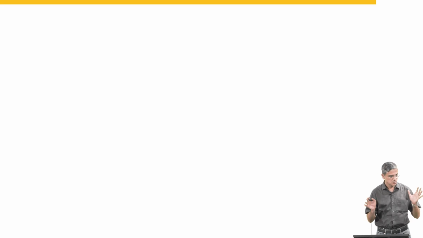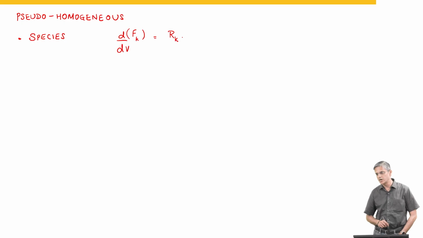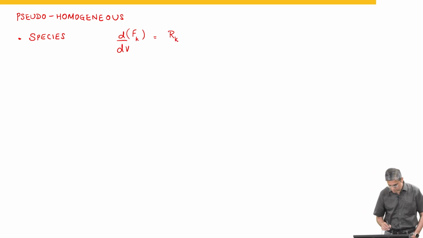Pseudo homogeneous models are the models that you have seen so far. So species balance and pseudo homogeneous: the species balance is d by dV equal to r k.